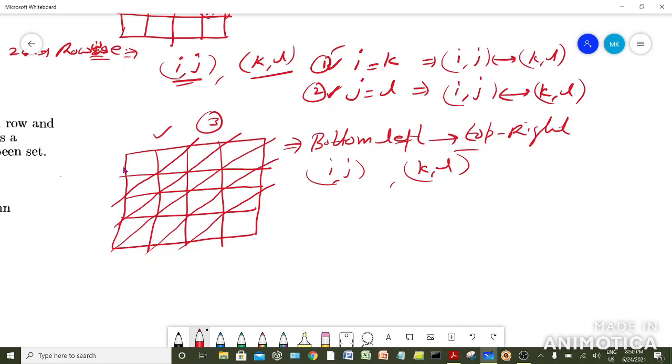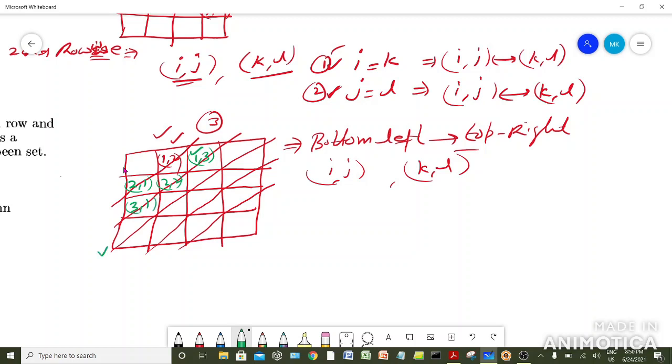So let us consider this diagonal. This is your location (1, 2), and this is your location (2, 1). Now this is (1, 3), this one is (2, 2), and this is (3, 1).